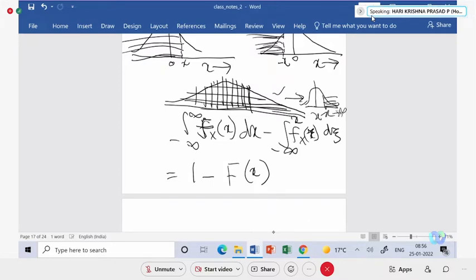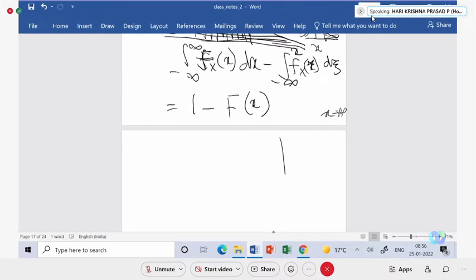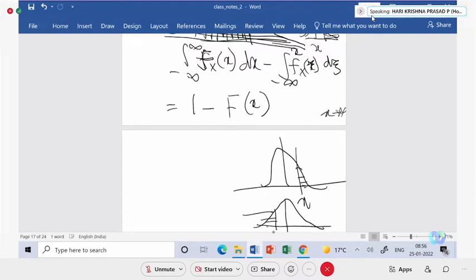Since it is an even function, it is the same as the area under the density function from minus infinity to minus x. So 1 minus f of x is simply f of minus x. Is it clear? If you have questions, please ask me.